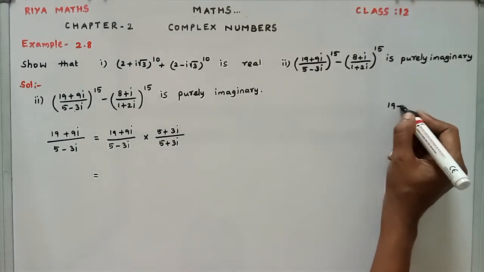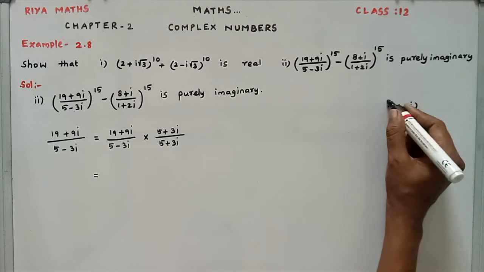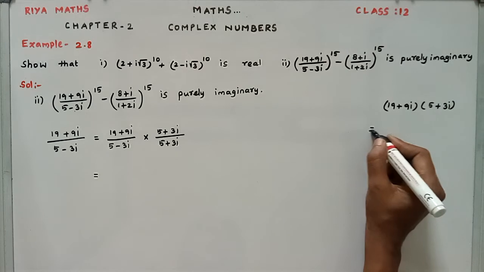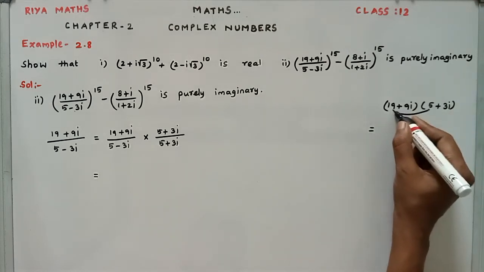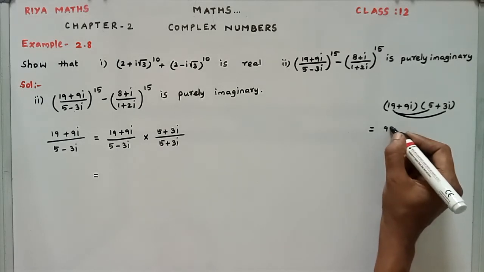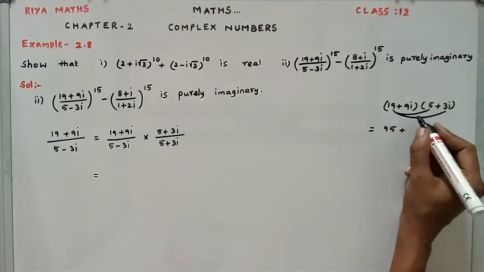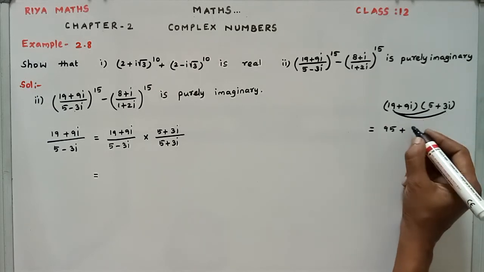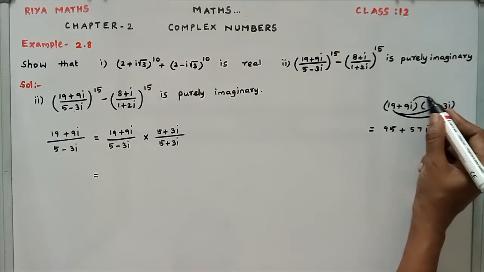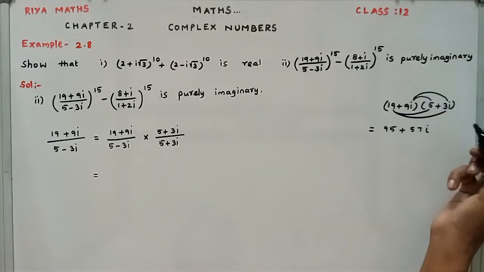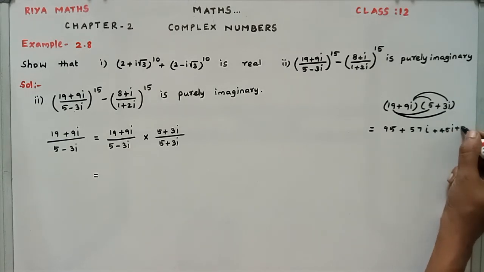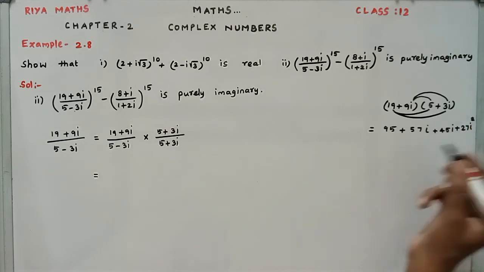We multiply the numerator first: (19 + 9i) into (5 + 3i). First 19 into 5, 19 into 3i. 19 into 5 is 95, plus 19 into 3 is 57i. Next 9i into 5 and 9i into 3i, which is 45i plus 27i squared.